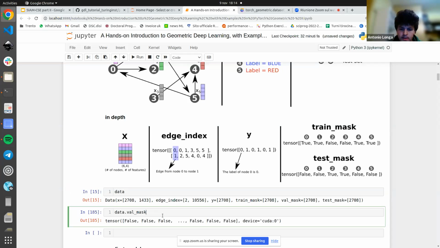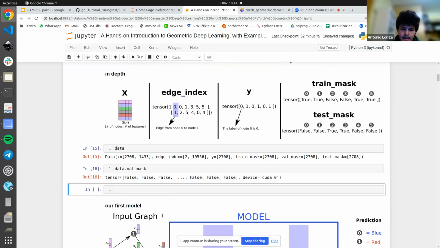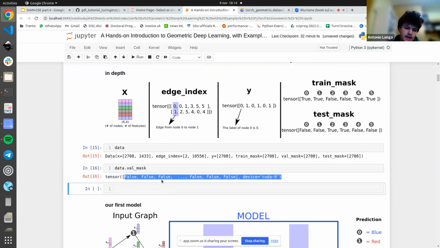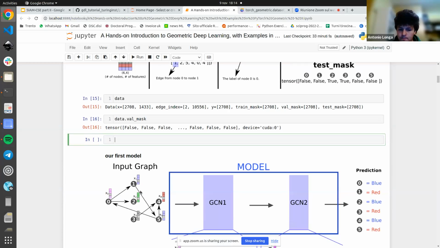Let's take, for example, the validation mask: it is simply a tensor of false or true, depending on whether the node goes in that direction. I hope this concept of the dataset is clear. We have loaded it. So far, we have our data object, and it's time to move to the model.